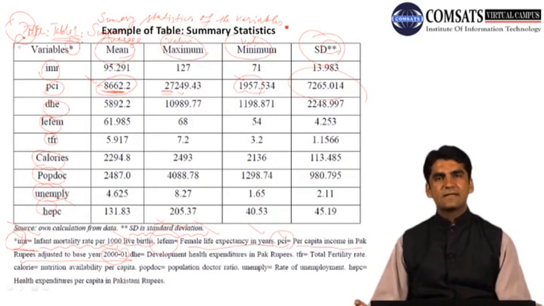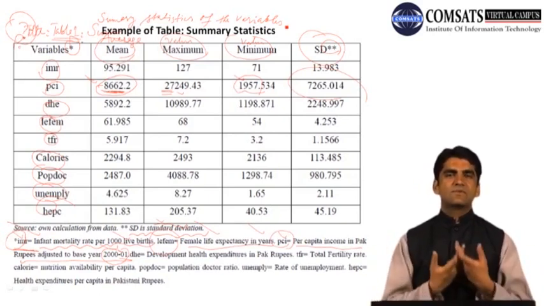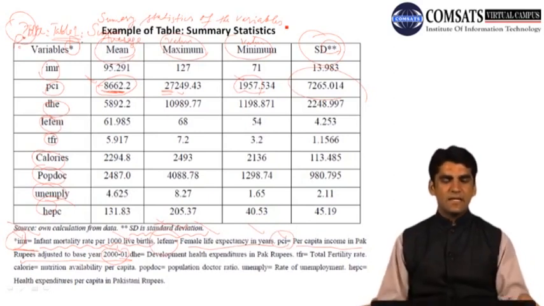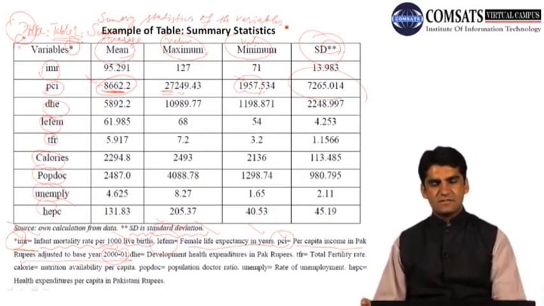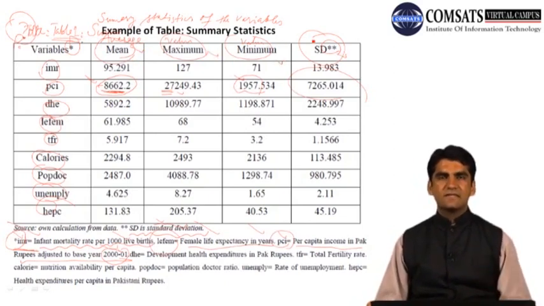This is the title that you have given to Table 1, which provides us the summary statistics. By summary statistics, I mean that it is providing us the mean, maximum, minimum, and standard deviation.